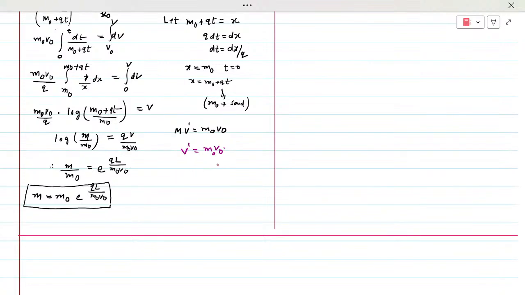M is equal to m naught e into that answer. So m naught gets cancelled. Therefore v naught into e power minus q into L by m naught into v naught. This is the final velocity of the cart at the instant of time t. Consider t equal to 1 second, like that, instant of time in terms of t.